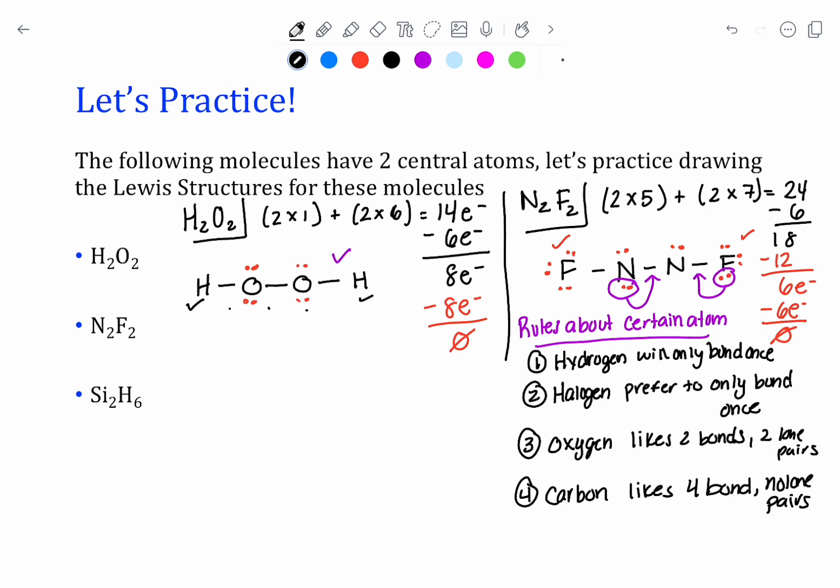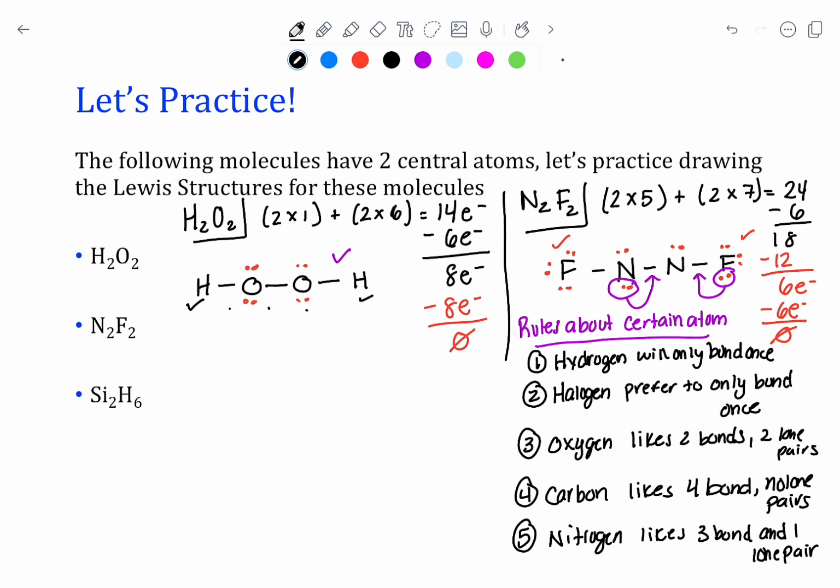So carbon would prefer to have all bonds and no lone pairs at all. And finally, nitrogen likes 3 bonds and one lone pair.